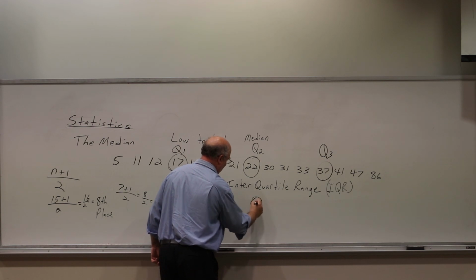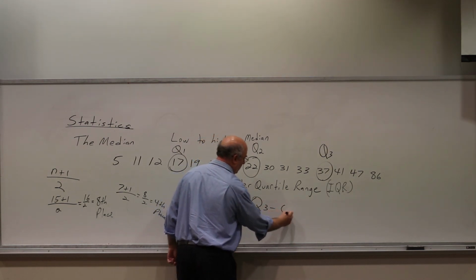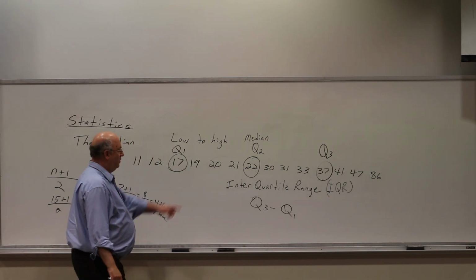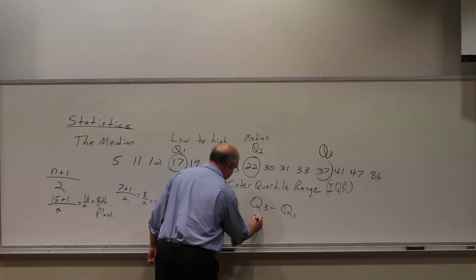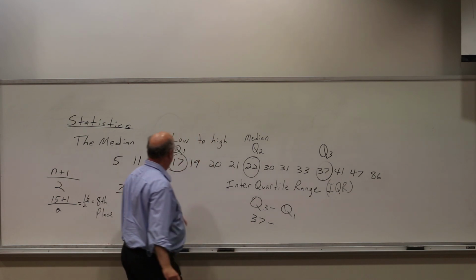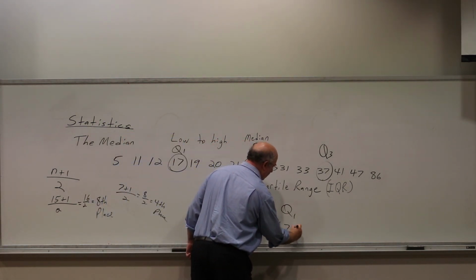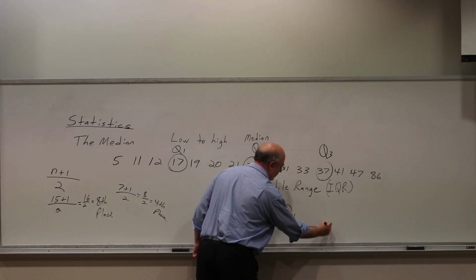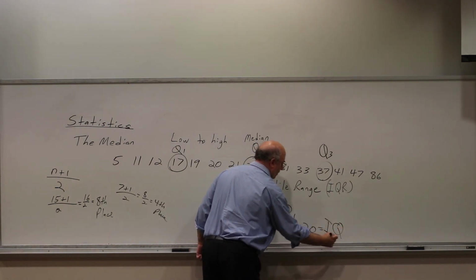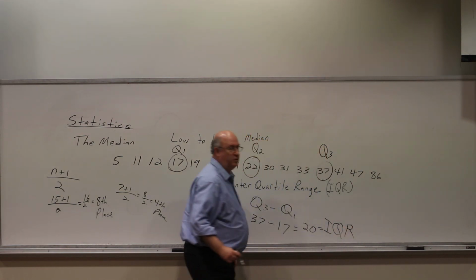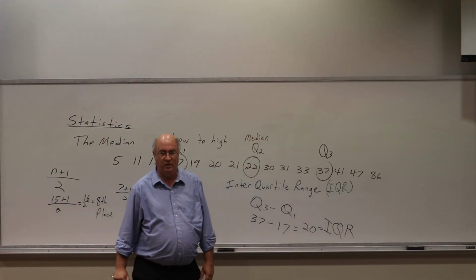Take the 3rd one minus the 1st one, and you have the range. The 3rd one in this case is 37. The 1st one is 17. So that equals 20. So the interquartile range is 20.